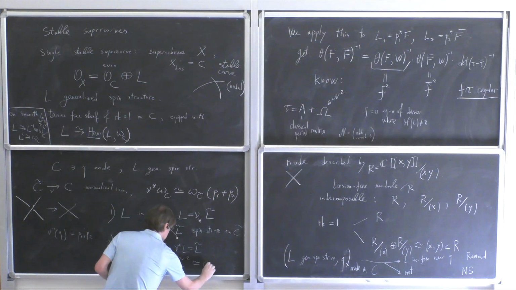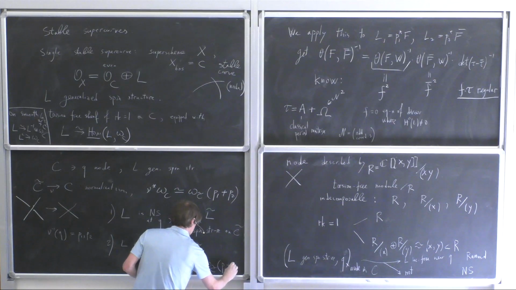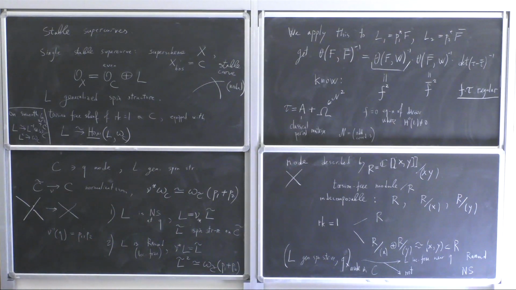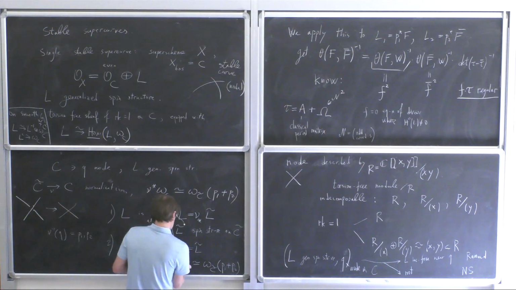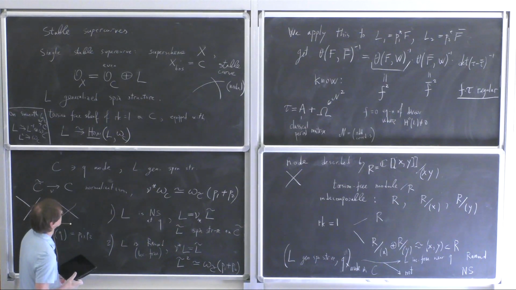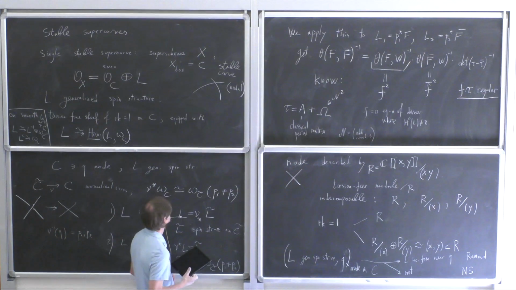You have to twist the canonical bundle by these points P1 and P2. And that's exactly what we call punctures of Ramond type on smooth curves, smooth supercurves.